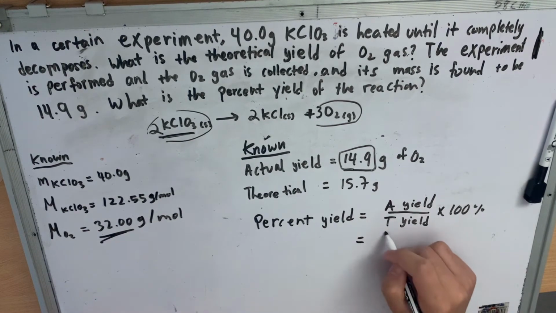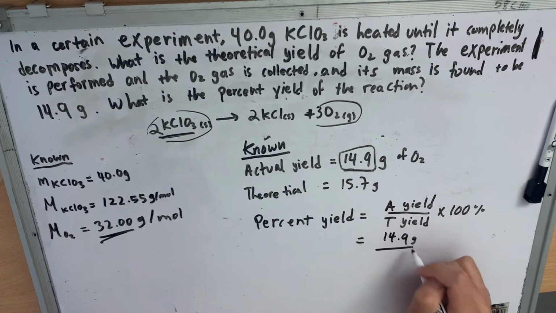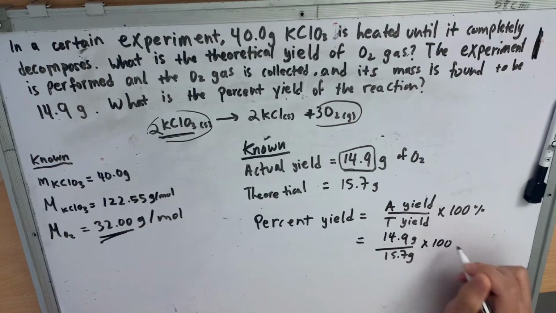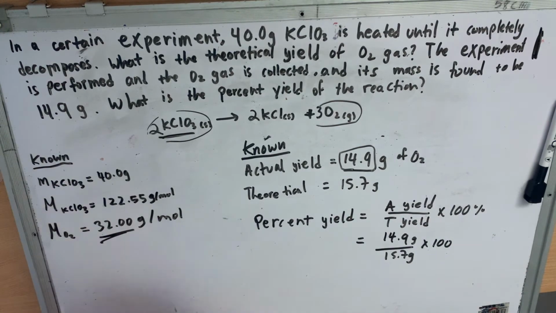So our actual yield is 14.9 grams over 15.7 theoretical times 100, giving us an overall percentage yield of 94.9%. Since the actual yield is slightly less than the theoretical yield, the percent yield is under 100. And this is what usually happens in most circumstances, or in most chemical reactions.